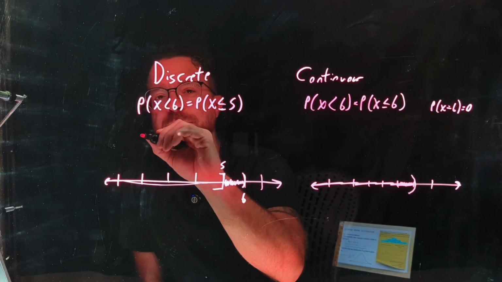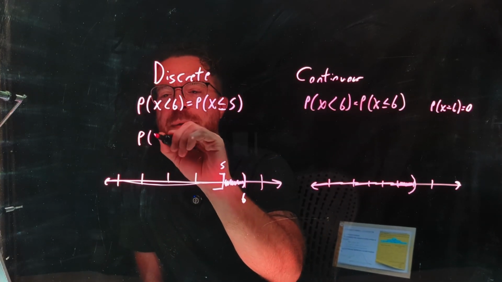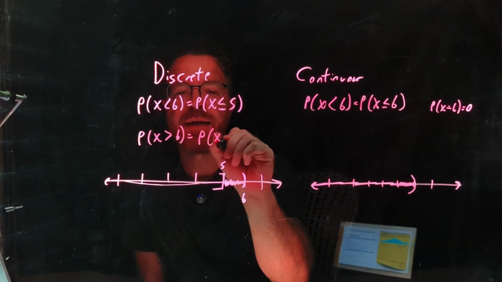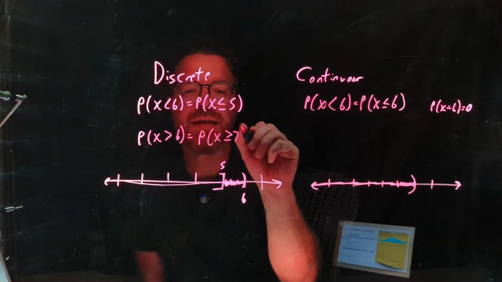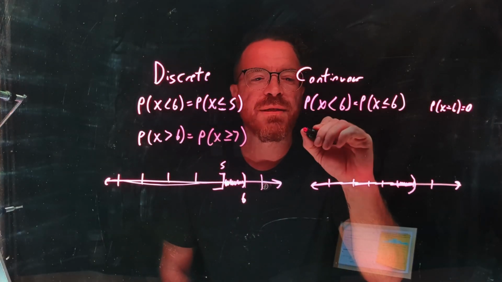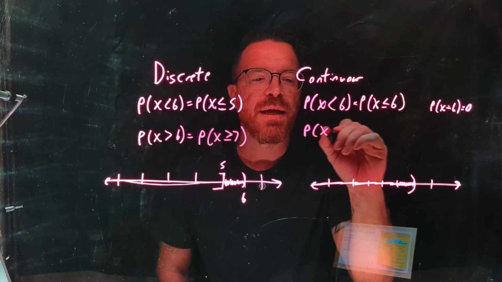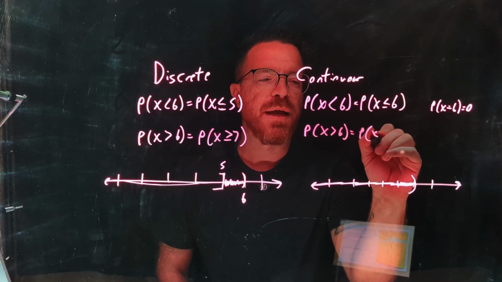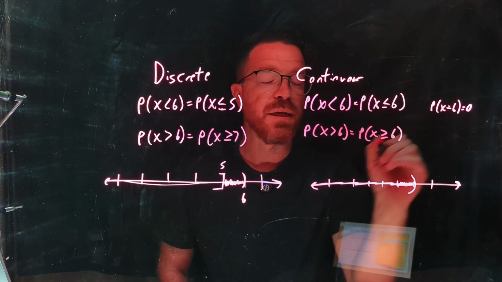So similarly, with discrete probability distribution, if I had probability that x is greater than 6, this would be the probability that x is greater than or equal to 7. Whereas with continuous, the probability that x is greater than 6 would be equal to the probability that x is greater than or equal to 6.